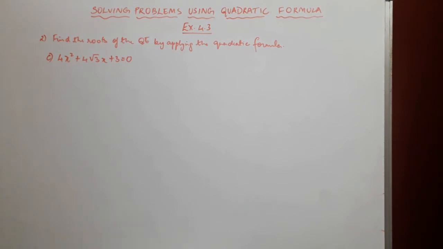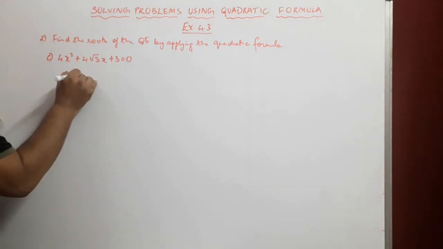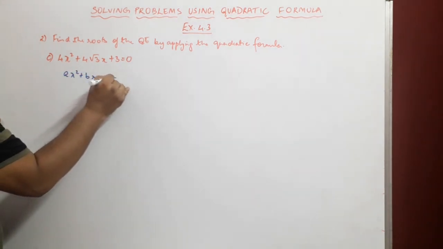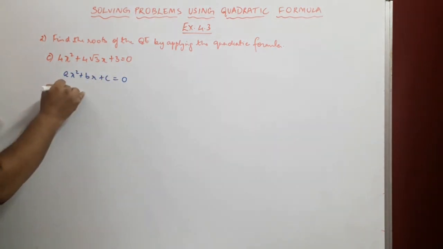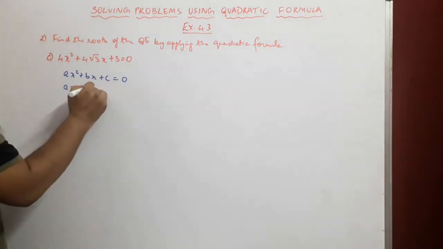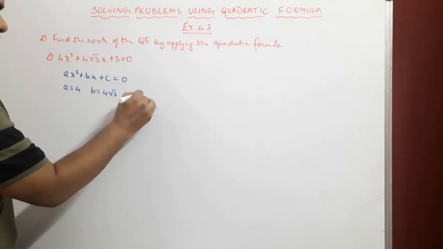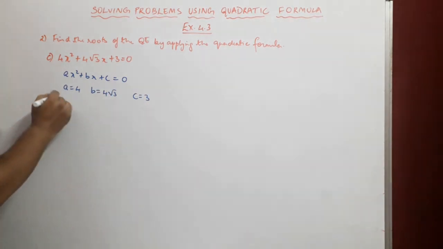The next problem is 4x square plus 4 root 3 x plus 3 equal to 0. Let's compare it with our general form, ax square plus bx plus c equal to 0. So a is equal to 4, b is equal to 4 root 3 and c is equal to 3.